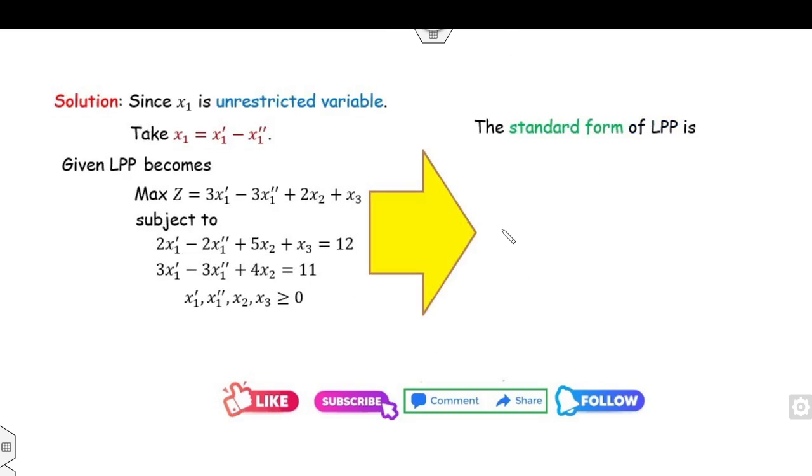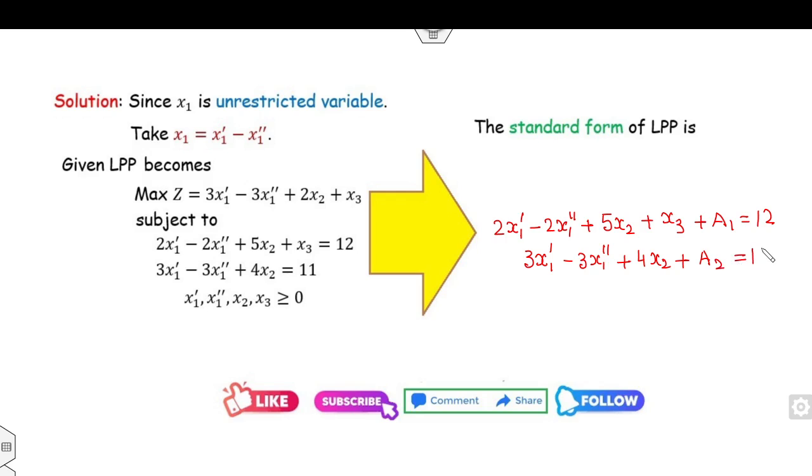First of all, if you look at the constraints, it is 2x1' minus 2x1'' plus 5x2 plus x3 plus a1 is 12. If you look at the second constraint, x1' plus 3x1'' plus 4x2 plus a2 is 11.